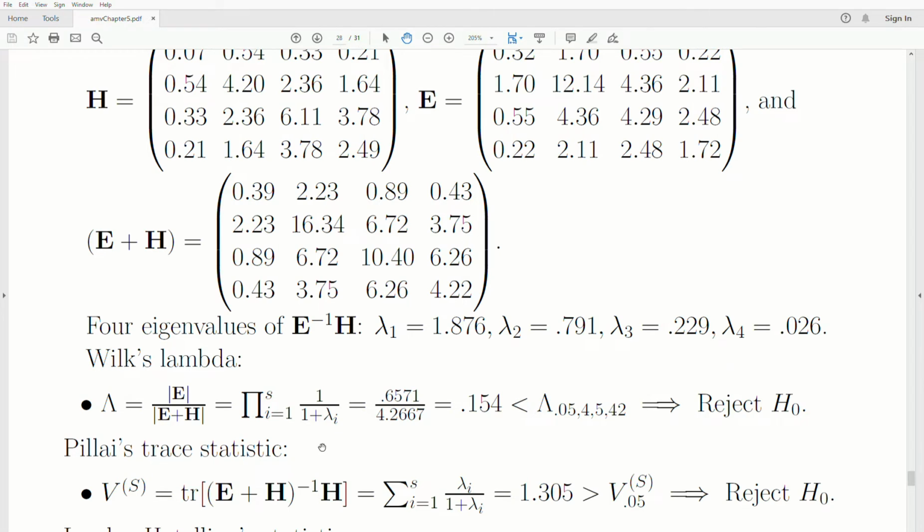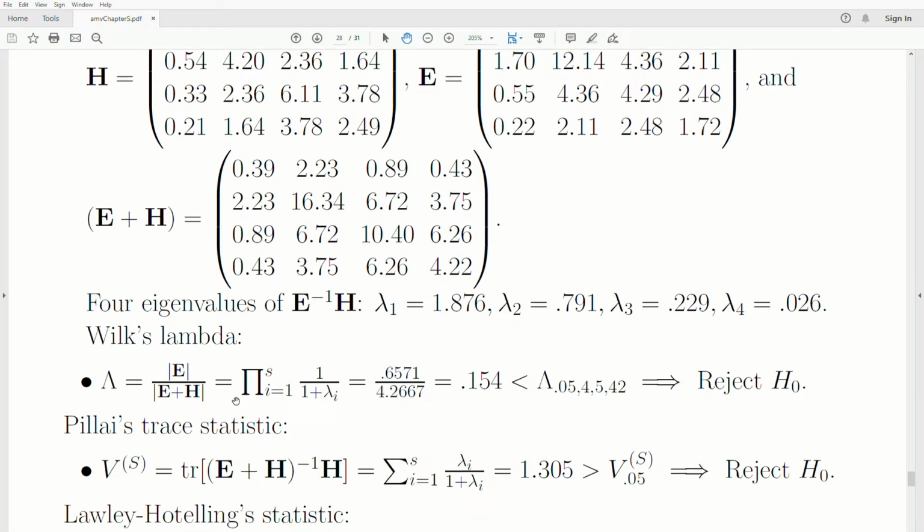But if we look at Wilks' lambda, which is the generalized variance of E divided by the generalized variance of E plus H, which ends up being the product of these eigenvalues like this, it is 15.4, and it's less than the rejection region, which I don't have here because I don't have a table that has that exact value, but I know that we reject. So we reject H naught, and we conclude that the mean vectors for each rootstock are different.